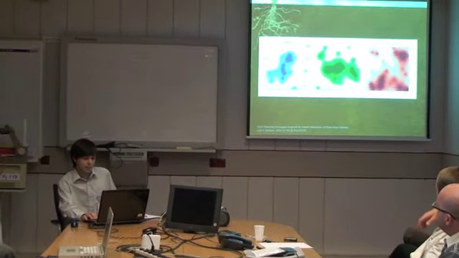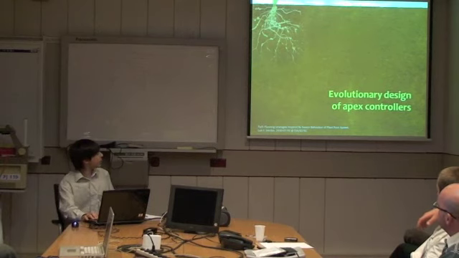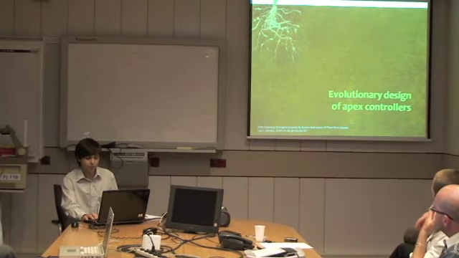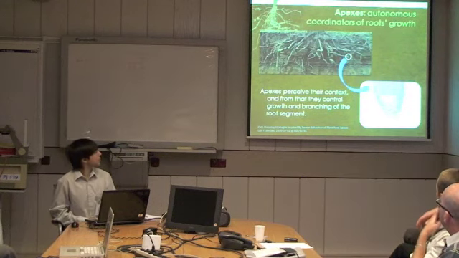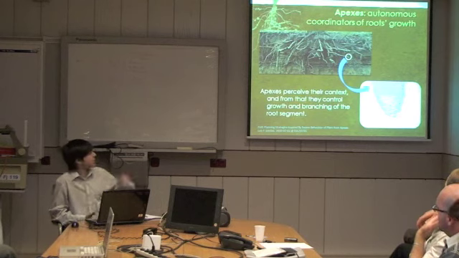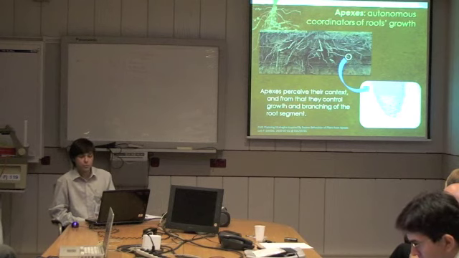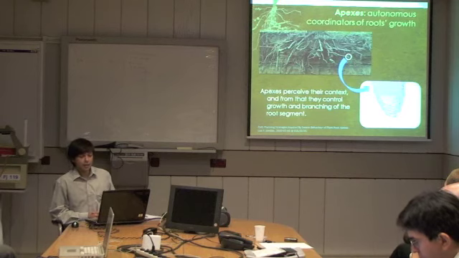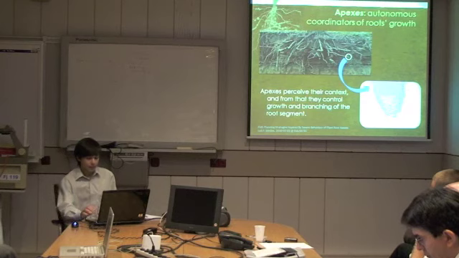From these dynamics, we went to start studying how the roots behave. The root structure is mostly a consequence of the activities of the apexes, which are the extremities of the roots. These extremities perceive their context, and based on their local perception, they decide at any moment what the root should do.